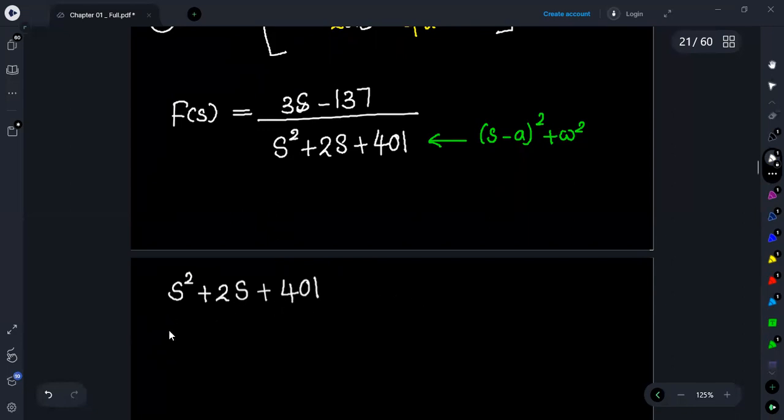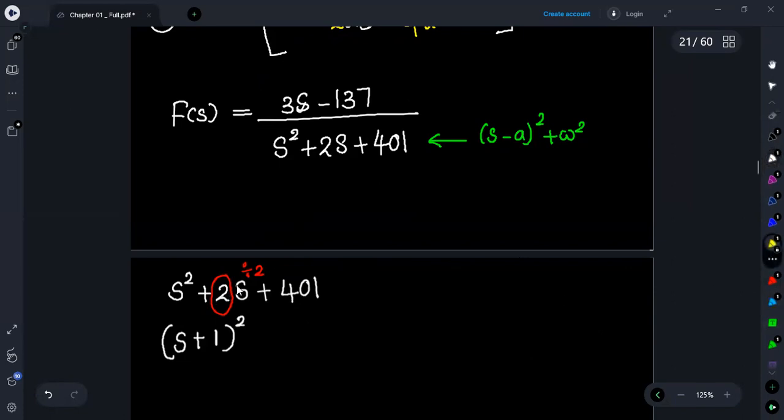We can open a bracket and write the variable s only. Then the sign as it is, plus, and then we have to divide the coefficient of s by 2. If we divide 2 by 2, it is 1. And then close the bracket, squared.